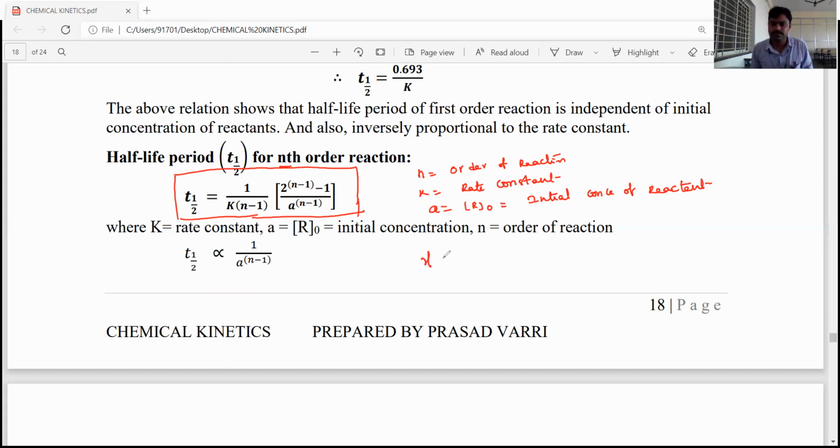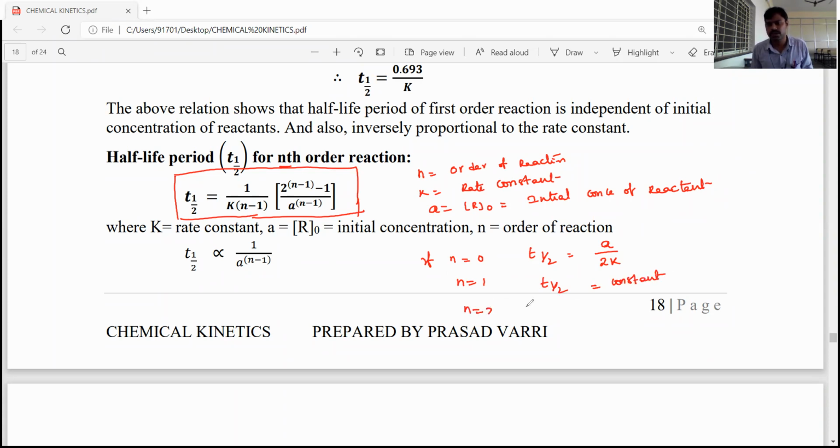If n is equal to 0 is used, just substitute: 1 by a power minus 1 is nothing but a by 2K, you will get. If n is equal to 1 is used, then t half is equal to a constant, you will get, for a first order reaction.